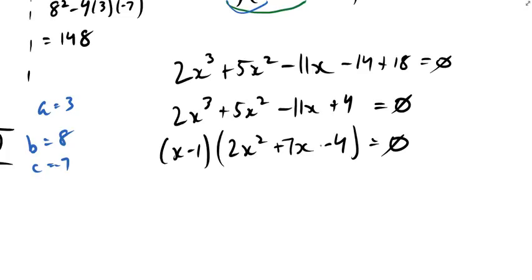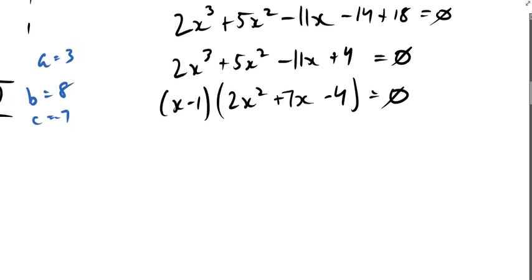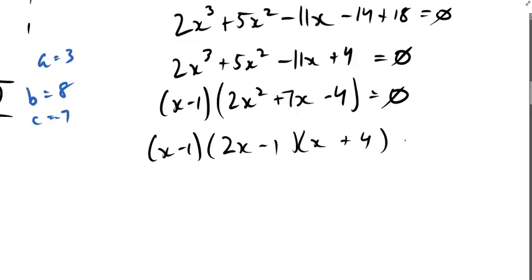That looks like it might be factorable. Did anybody do the discriminant? It's 81. So, yep, it's factorable. Therefore, x equals 1, x equals positive a half, x equals negative 4.